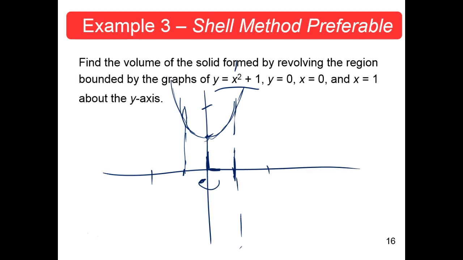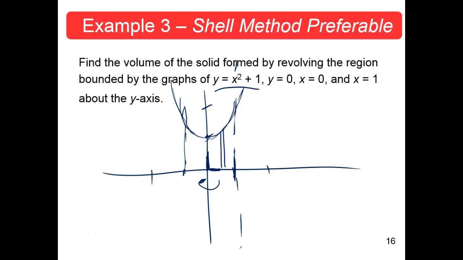Now, you look at that and say, can we do a dx here? If we do a dx, what kind of method are we going to be using? Shell. This will be a shell because there's your dx. It's coming around the y-axis.